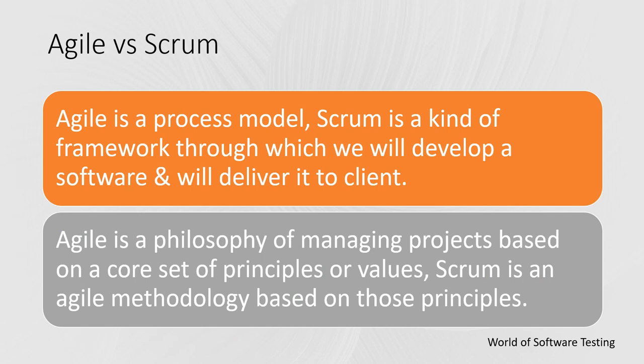Agile is basically a philosophy of managing the project based on a core set of principles or values, and Scrum is an Agile methodology based on those principles.